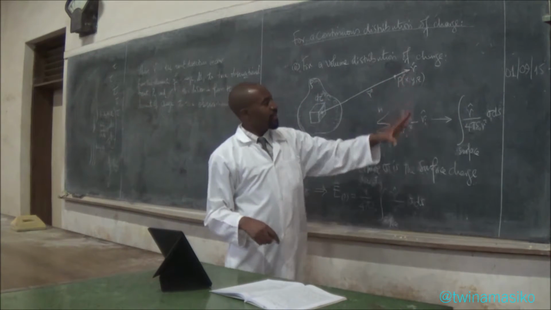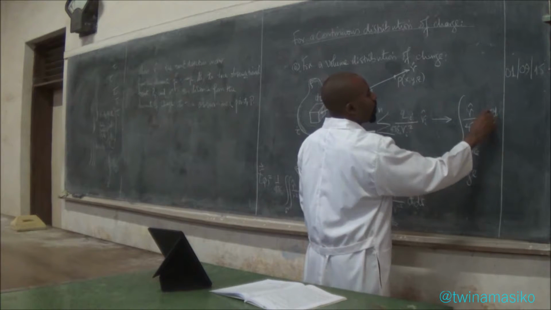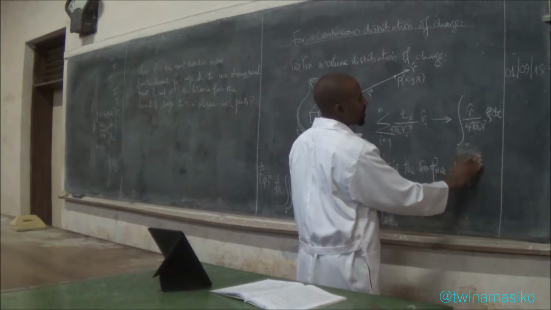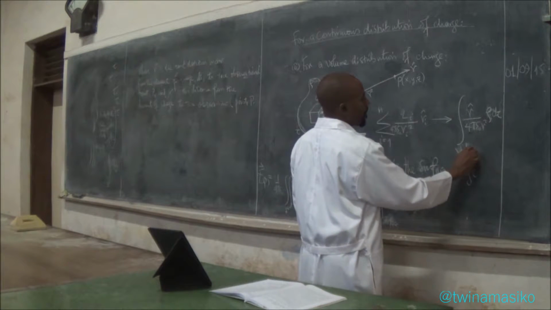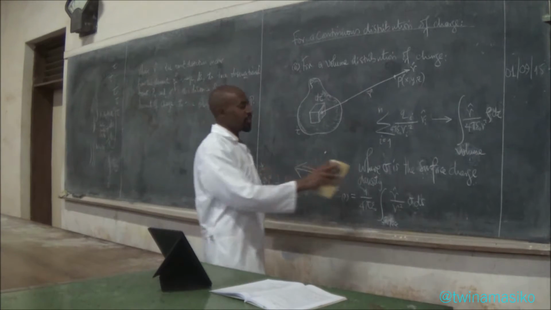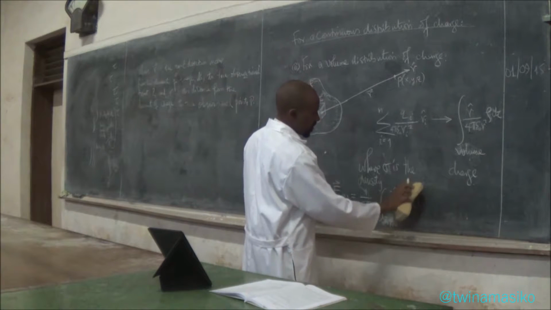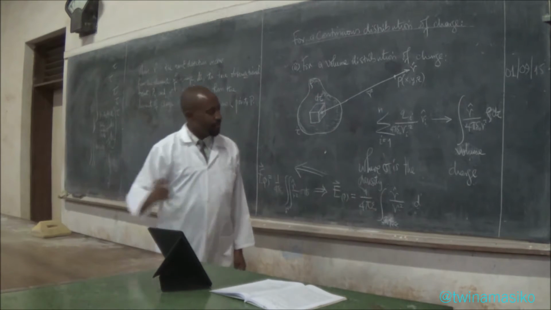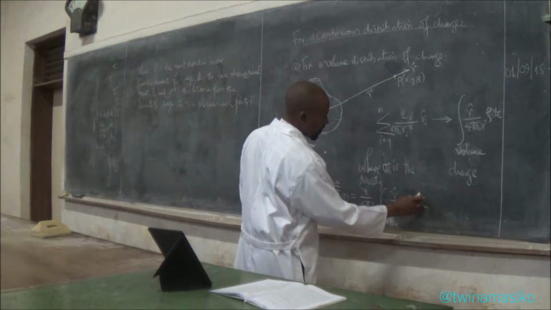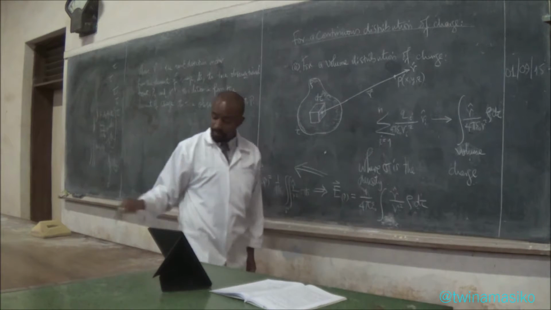These remain the same. The only thing that changes here now is rho d tau, and this is now a volume. And this now becomes volume charge density.